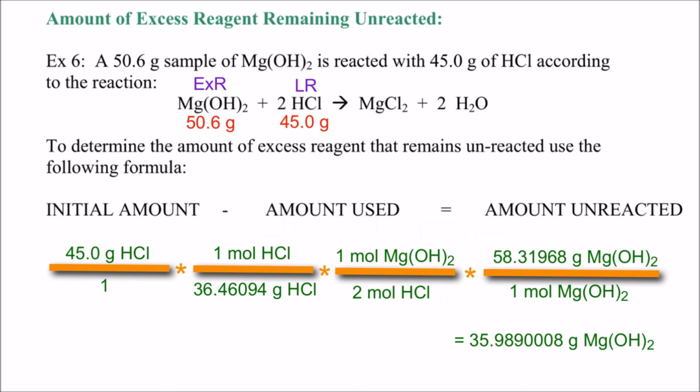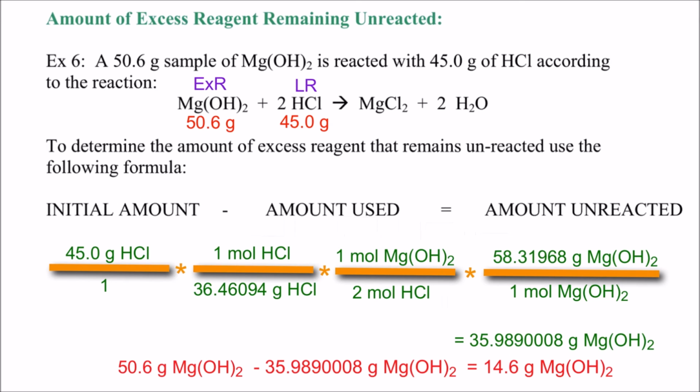So now we need to figure out how much is going to be left over. And so here's where this formula right here comes into play. You're going to take the initial amount of magnesium hydroxide that they gave you, which was the 50.6 grams, and you're going to subtract the amount that you just calculated down here. This is how much was used up, and that is going to tell you how much remains unreacted.